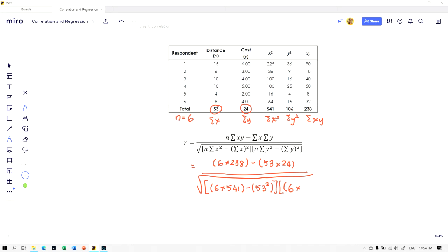So the value of sum of y squared is equals to 106, minus the sum of y, 24, squared.